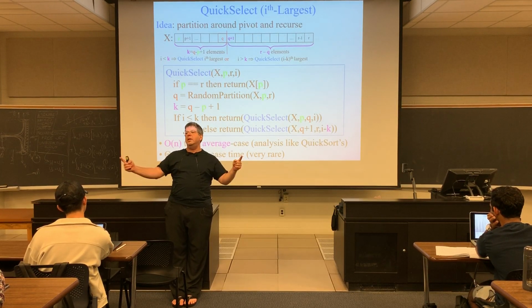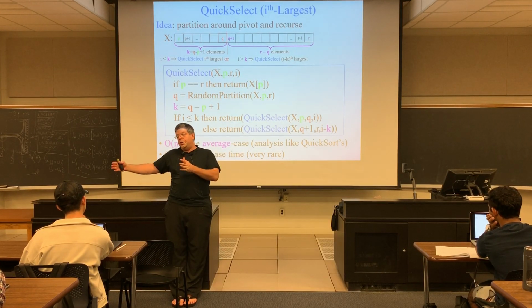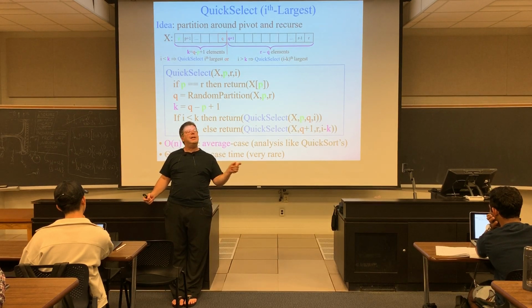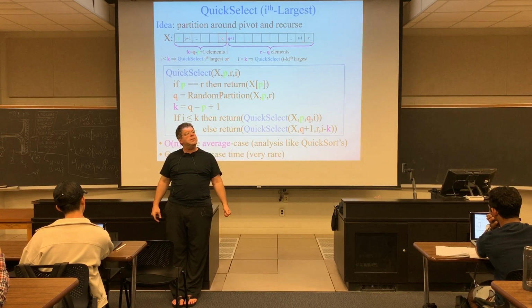It'll be 99 and 1 or 999 and 1. It'll be terribly skewed. And you'll keep recursing on the huge portion, not on the tiny portion that's the other portion. And then you have to do a linear amount of work at every stage. So it's linear plus linear plus linear, a linear number of times. And so linear times linear is quadratic, just like quicksort, same problem.